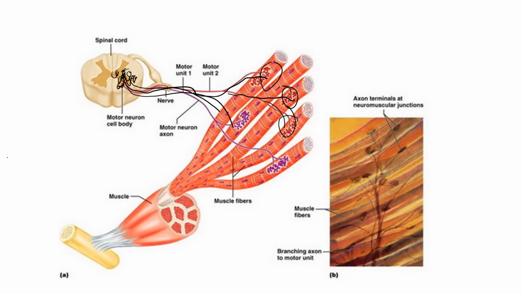You're going to have a nerve that travels out to that muscle. And there's going to be hundreds or thousands of alpha motor neurons that travel through that nerve. And each one of those alpha motor neurons is going to synapse with a given number of muscle fibers within that muscle until all the muscle fibers within that muscle have an alpha motor neuron that synapses with them.